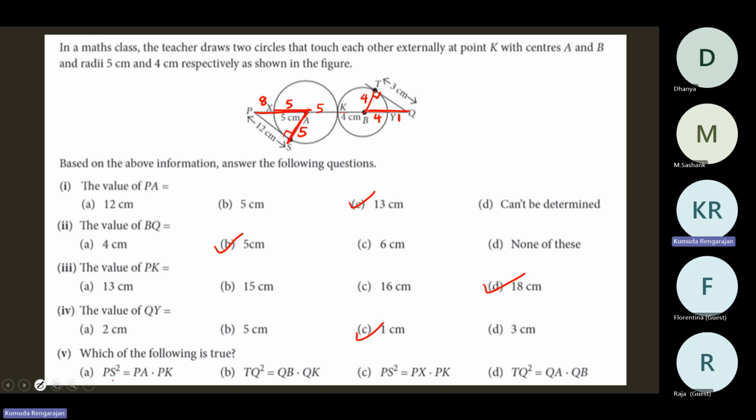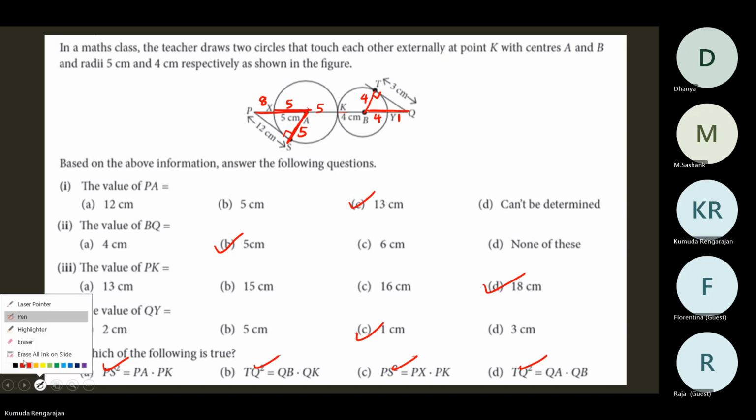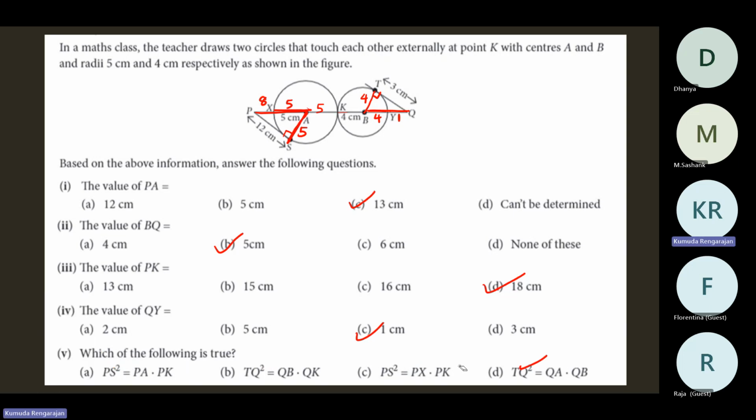So in the last one, we have PA square and TQ square. We'll work PA square and TQ square, okay?